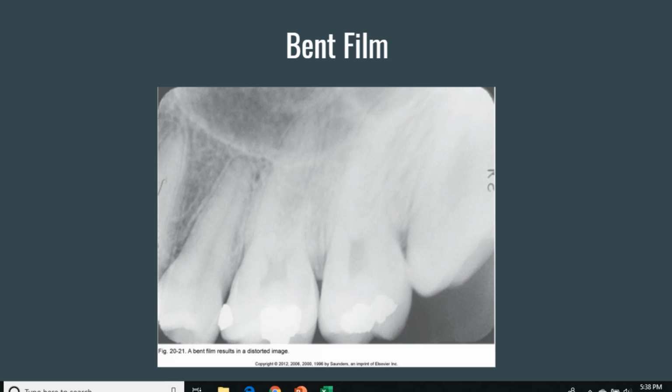To fix this, you can use some of the different film holding devices. You can use cotton rolls. There's a couple different ways that you can reposition the film so that it is not bent. And a lot of times this will happen because the way that that palate is curved, especially if it's someone with a shallow palate, you're going to have that bending.